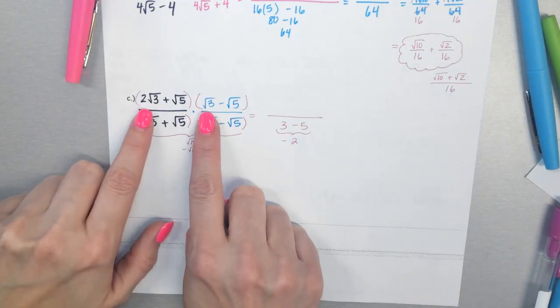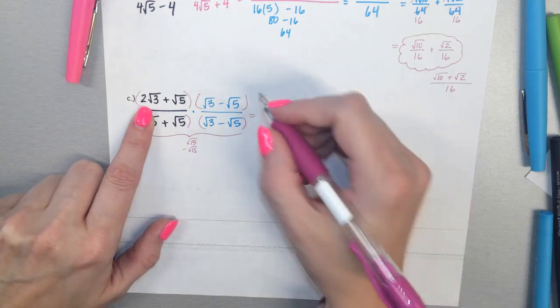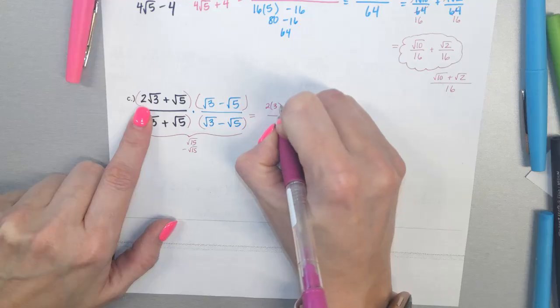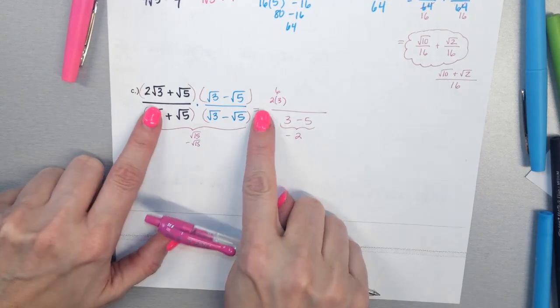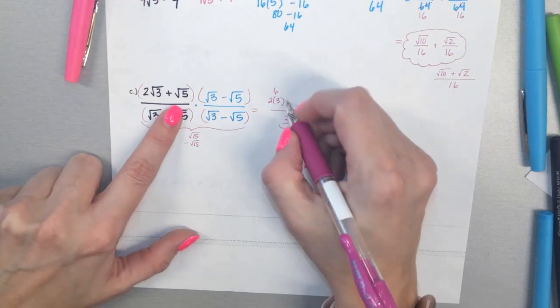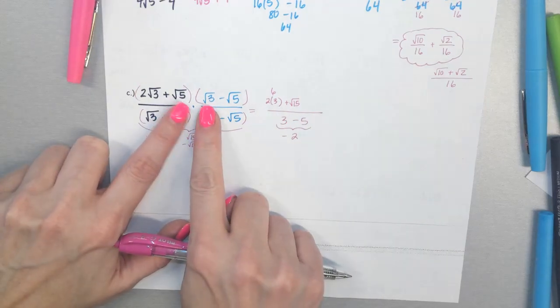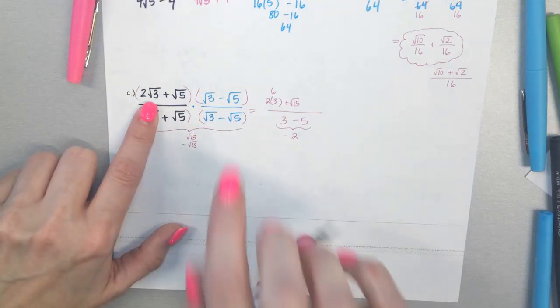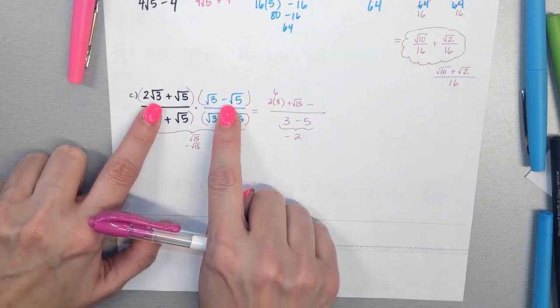Okay, so for the first one, 2 root 3 times 2 root 3. Sometimes what I do is I just write down the 2 times 3. Okay, if I feel like I'm doing too much in my head, then I'll just write the simplified version above it. And then I have plus root 15 from the inside, 5, 3. Here I have a negative. These are not conjugates, so they're not going to cancel, right?